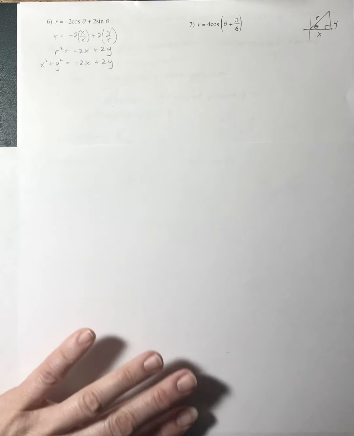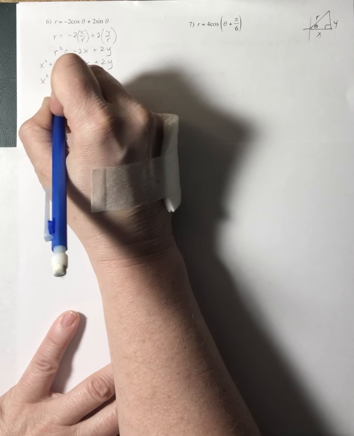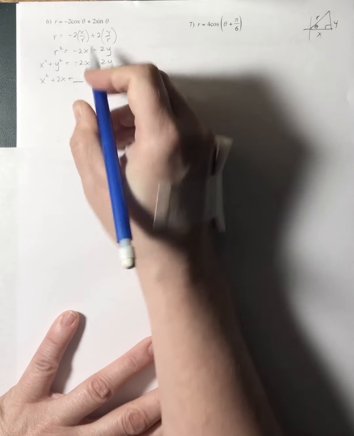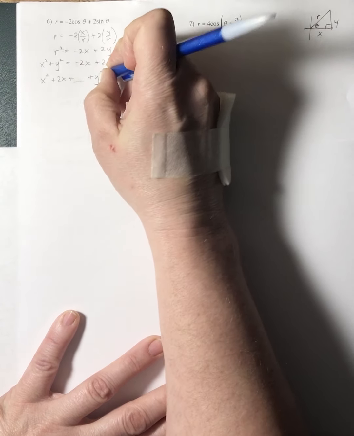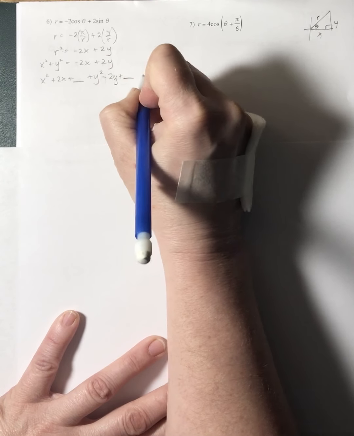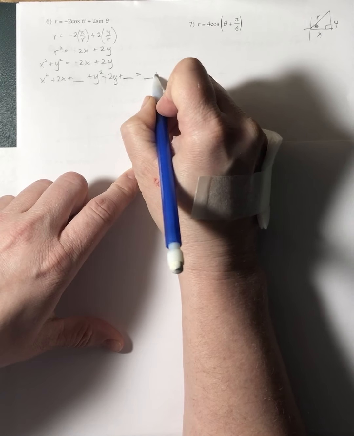All right, now, who recognizes what this is? This is a circle. To put a circle in standard form, I know it's been a while, I need x squared plus 2x, and I need to complete the square, so I'm going to move the 2x over, y squared plus minus 2y plus, complete the square, and then whatever I add here and here, I have to also add to the other side.